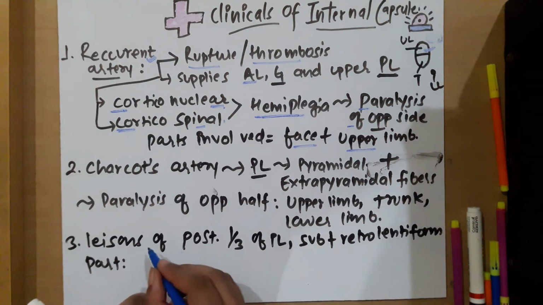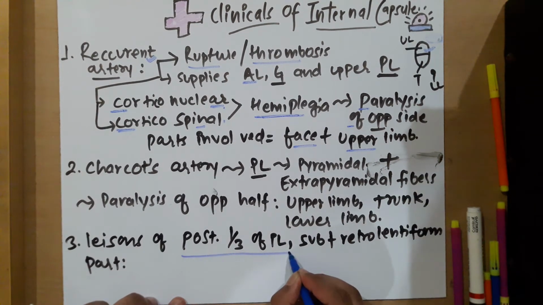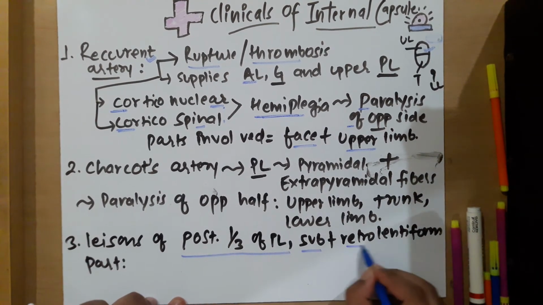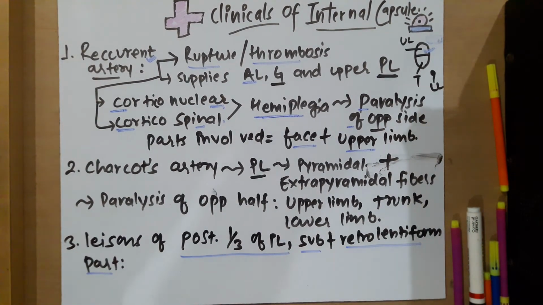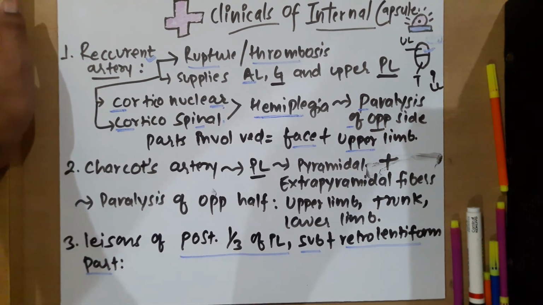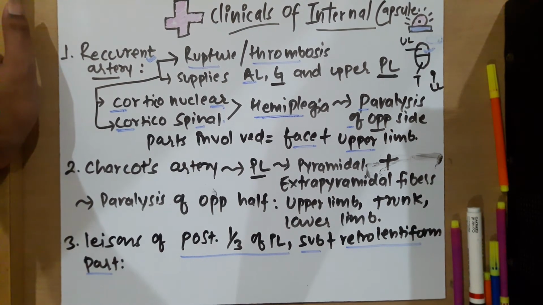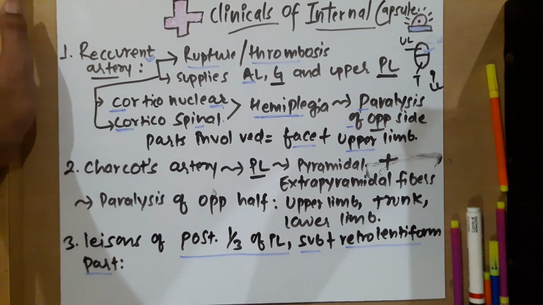We know these are lesions of the posterior 1/3 of the posterior limb, sublentiform and retrolentiform part. As we know, the major fibers in these parts are the auditory radiation and the optic radiation, yes or no? So lesions in these parts will result in visual and auditory loss.